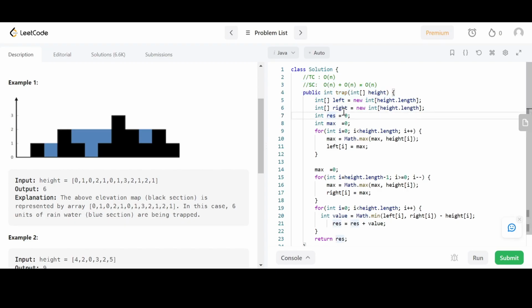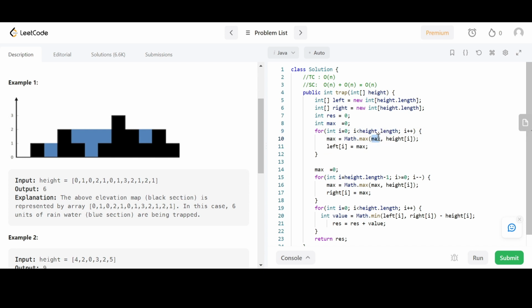So I have taken a class Solution, right? And I have created a function trap that takes in the height. I have taken two arrays, left and right, that will maintain the left max and the right max at each index. So these two loops calculate the left max and the right max at each index. So we'll start from i equal to 0 till height.length.